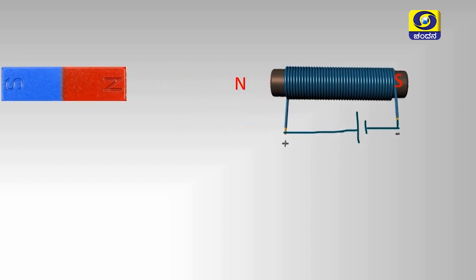This is an example of how electricity is used to get mechanical energy. In the first activity, we used magnets, but now we are using electromagnets. That is, we are giving electricity to get magnet, and in turn, we are getting mechanical energy.